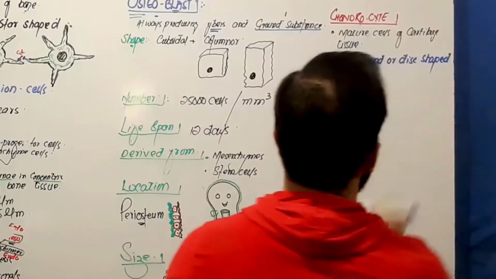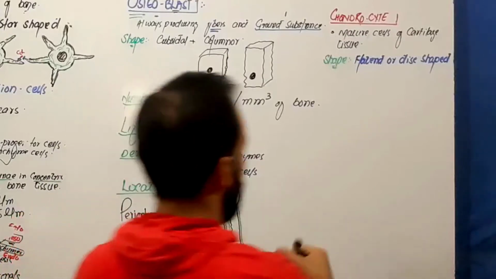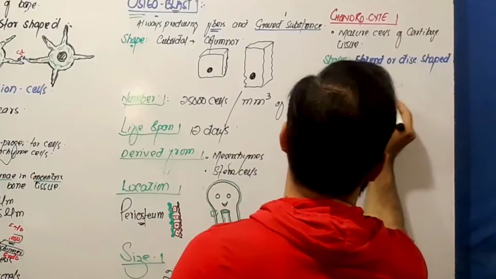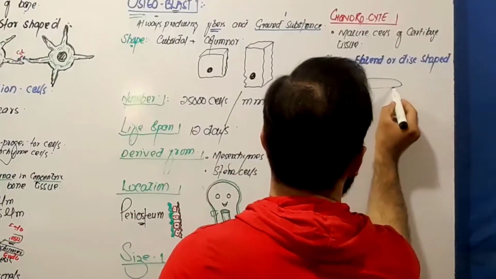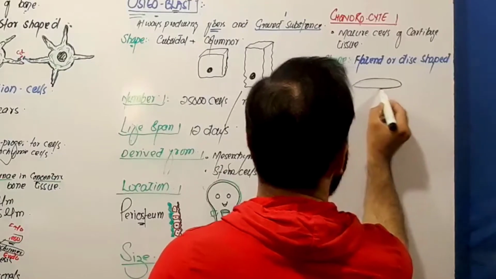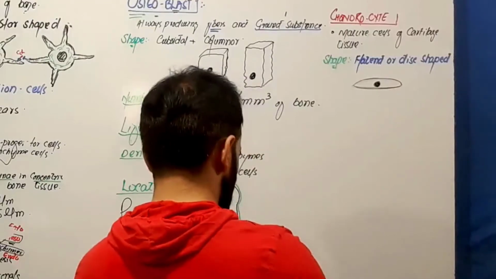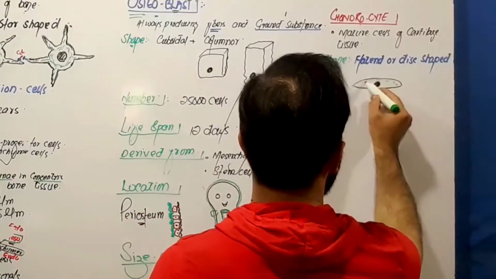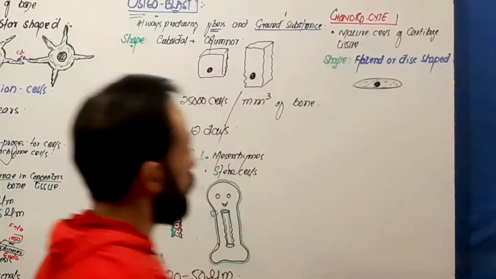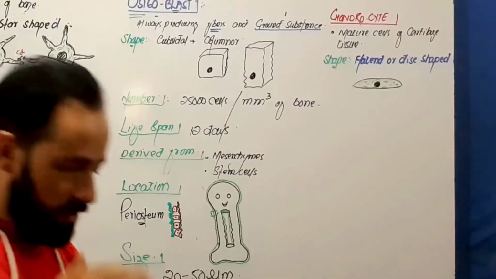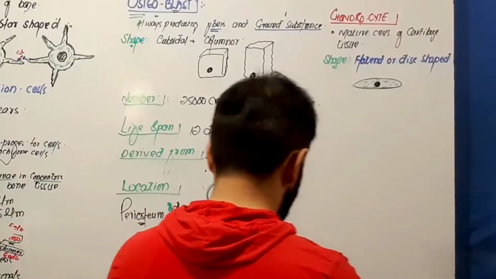Disc shaped cells. Now let me draw one diagram here. So these are the cells like this, right? And this is their nucleus, okay? And then the cytoplasmic contents of these cells like this. So these are the disc shaped cells or the flattened cells.